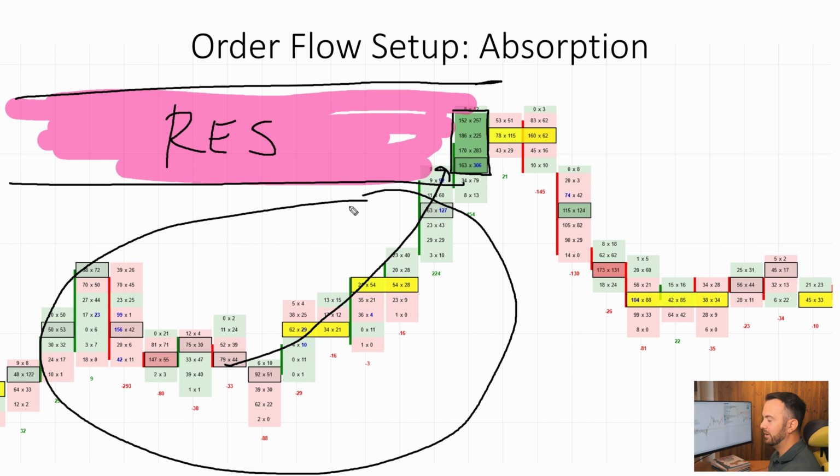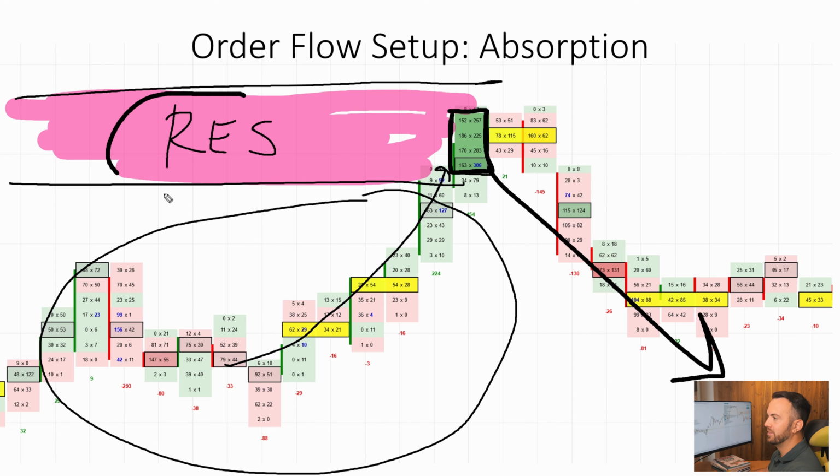The volumes in here are nowhere close to the volumes in this absorption high volume area, right? This is telling you that sellers are absorbing buying pressure. Eventually the buyers run out of fuel, sellers take over, and it is a signal for you to go short from there, right? It is a signal that this resistance is going to work.